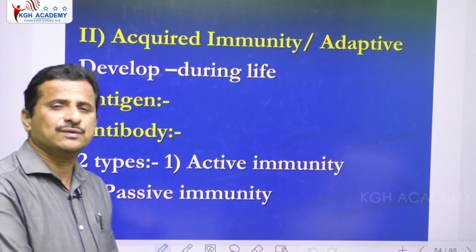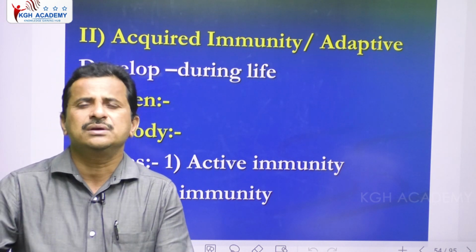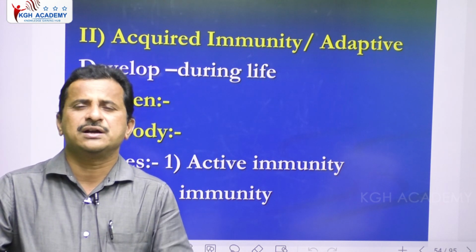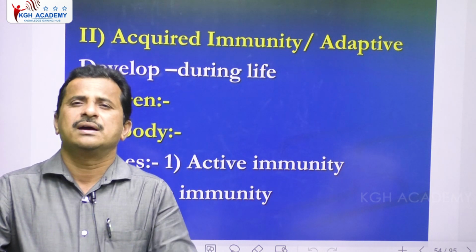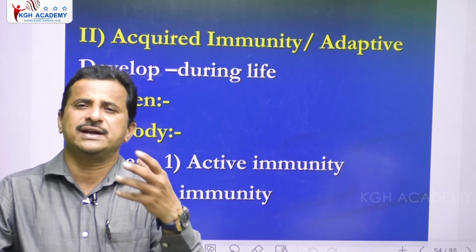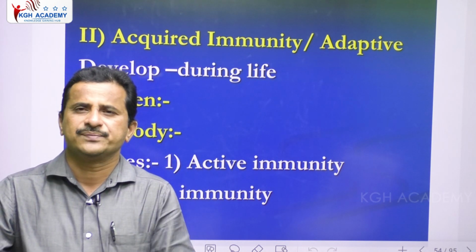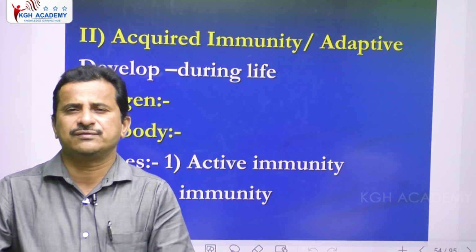So what happens in this? Antigens enter our body from birth through our total lifetime, and because of the antigen, antibodies are produced. Because of the antibodies, immunity develops. Because of the antibody, that microorganism is totally eliminated from our body.